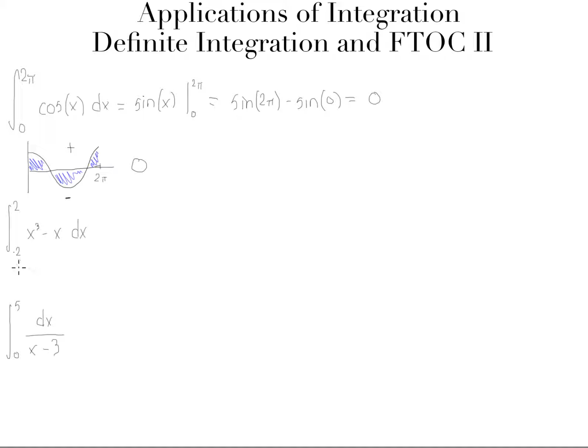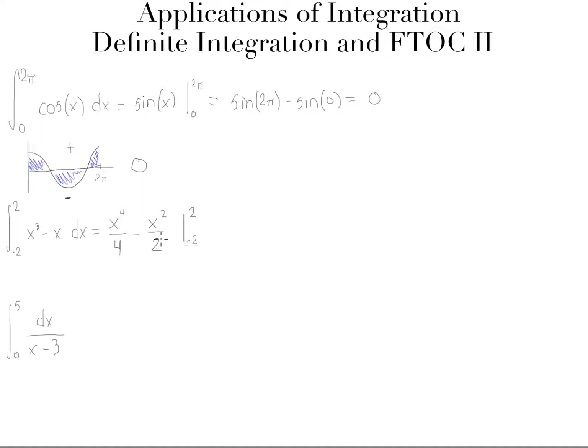X cubed minus x from negative 2 to 2. Well, we know that x cubed minus x is a simple polynomial, so it's definitely continuous. So then we find the antiderivative. Using the power rule, we know that this is x to the fourth over 4 minus x squared over 2. And we will evaluate from negative 2 to 2.